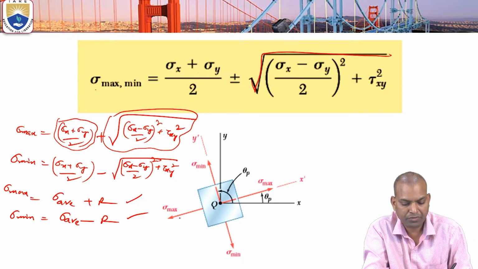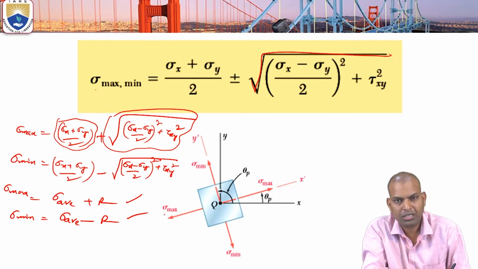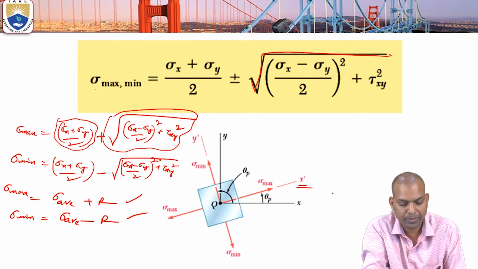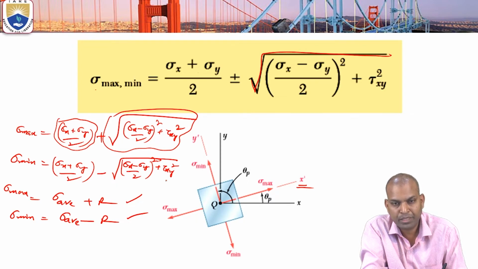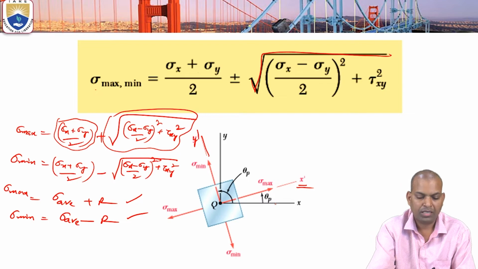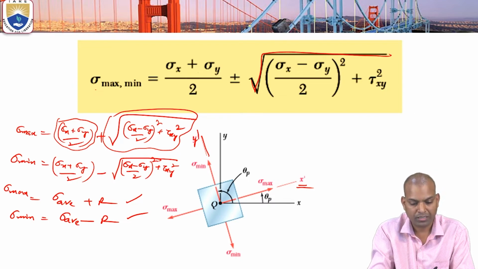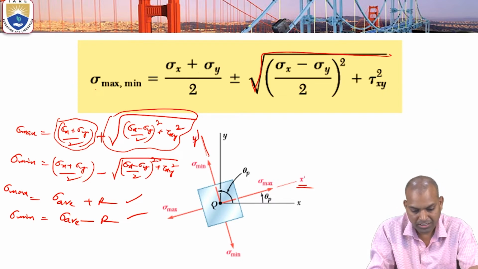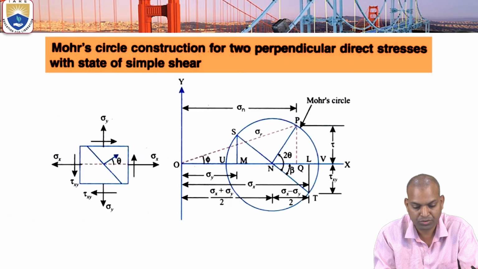The direction of the maximum principal stress is along x dash, the new principal plane, and the direction of the minimum principal stress is along y dash. So now we have calculated the maximum and minimum principal stress values.